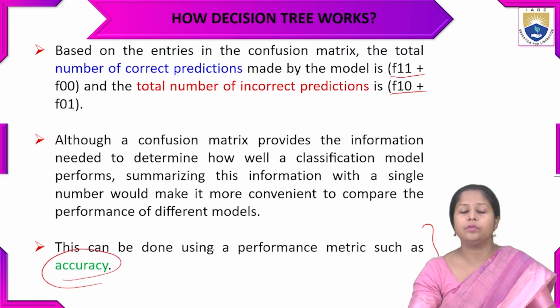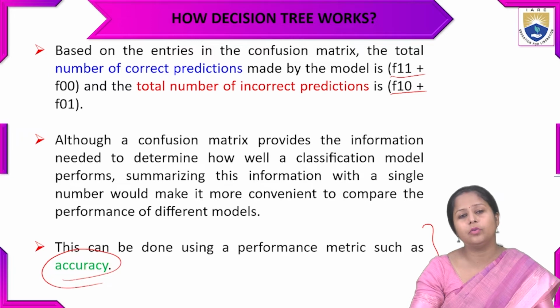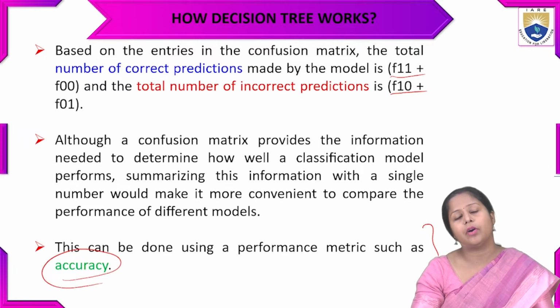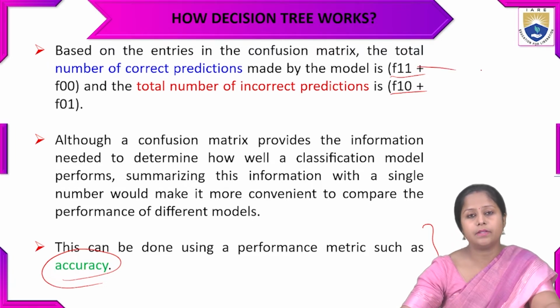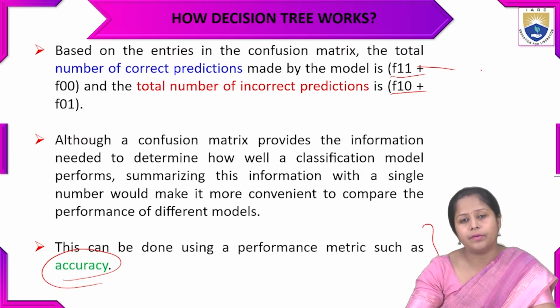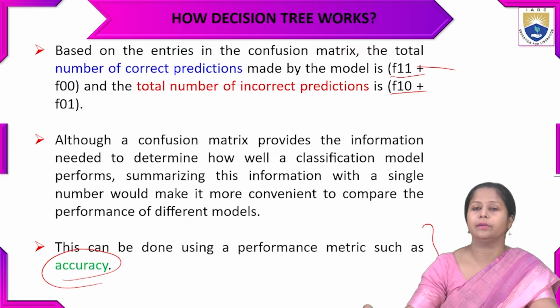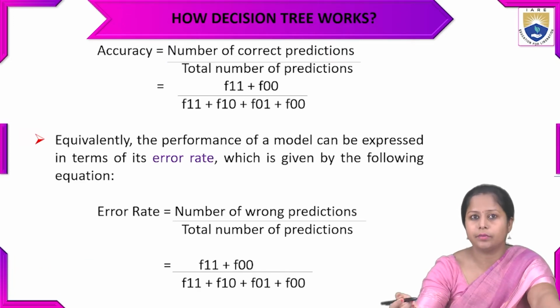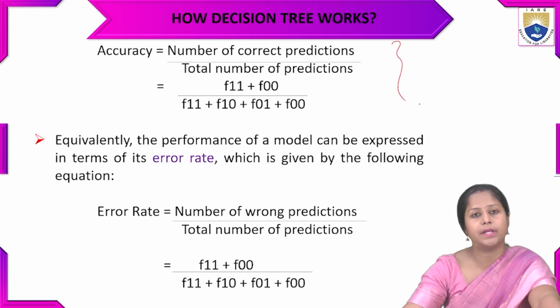So how are we going to know how accurate the model is? We use the performance metric on the basis of a few combinations. One formula is there, and on the basis of that we measure the accuracy of the model. Here is the formula to measure accuracy.